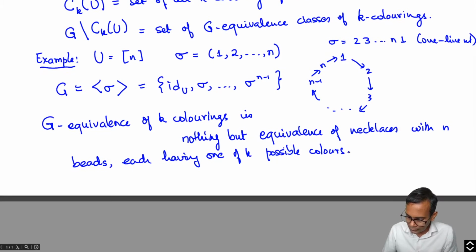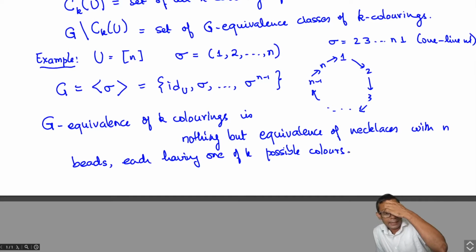We encountered this counting problem before as the problem of counting the number of words in an alphabet with K colors and of length n up to conjugation, the number of conjugacy classes of words of length n in an alphabet with K letters. It's the same problem exactly.